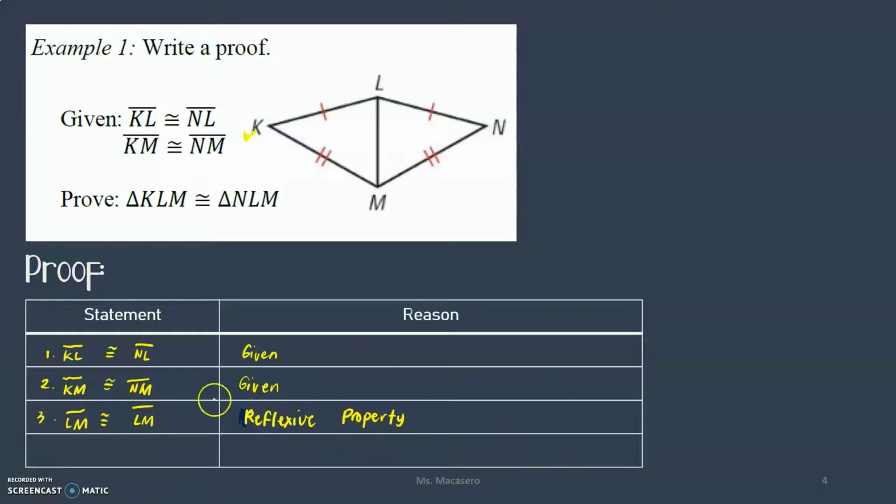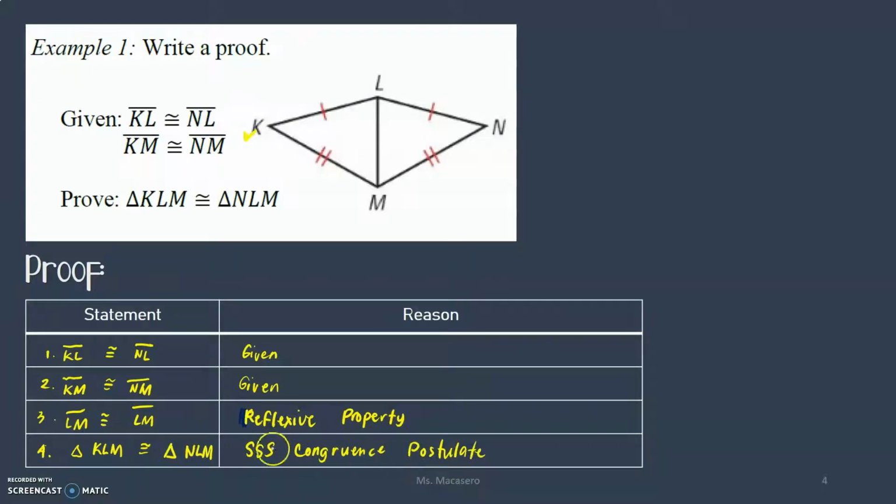So therefore, we can now say that triangle KLM is congruent to triangle NLM. And our reason for that will be the SSS Congruence Postulate.